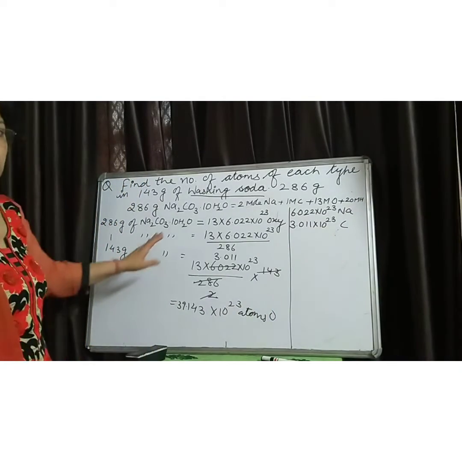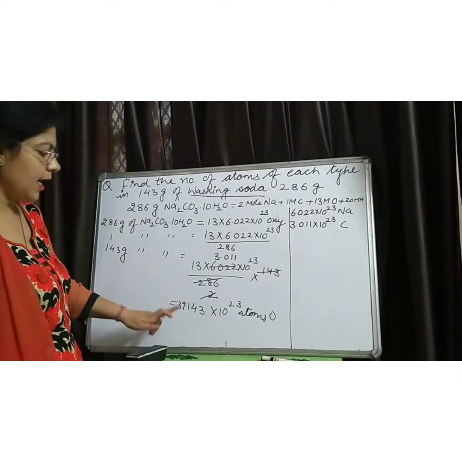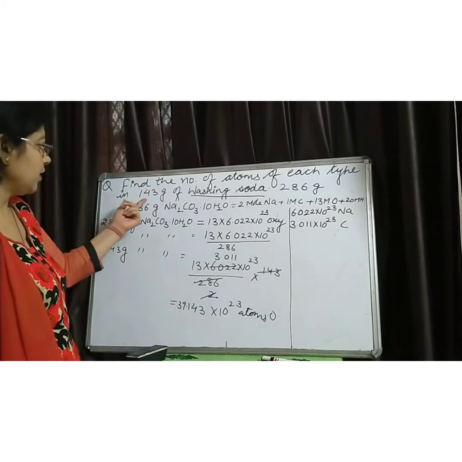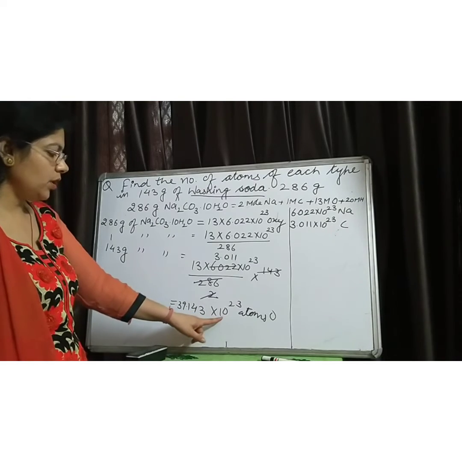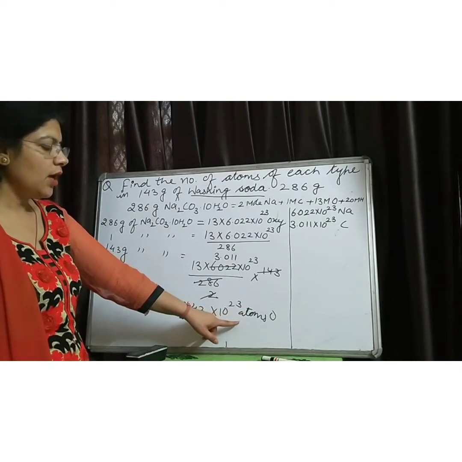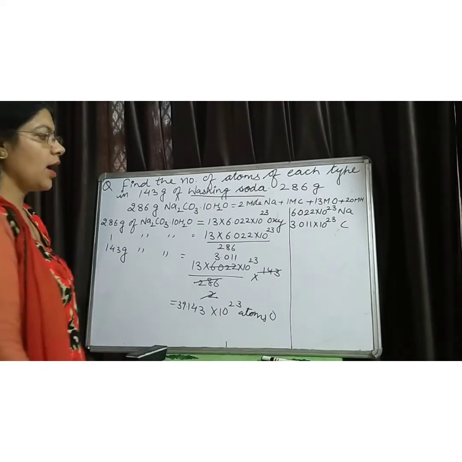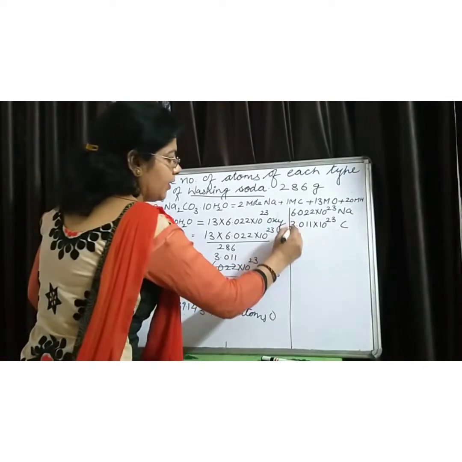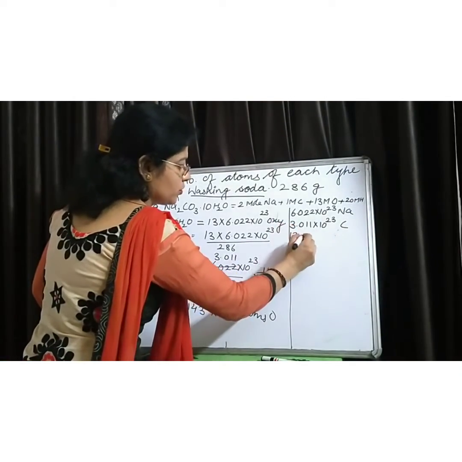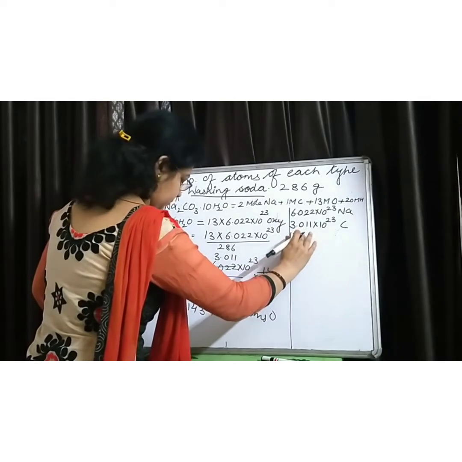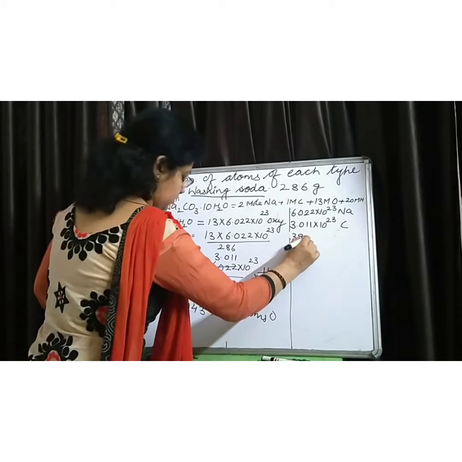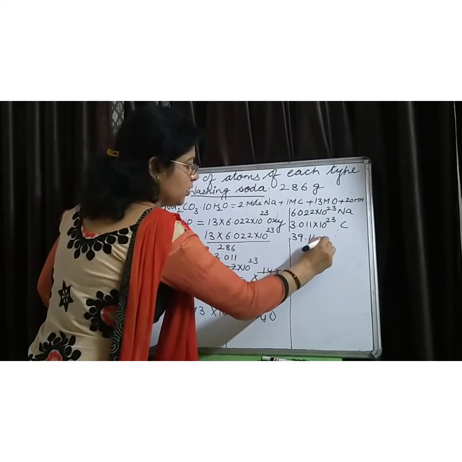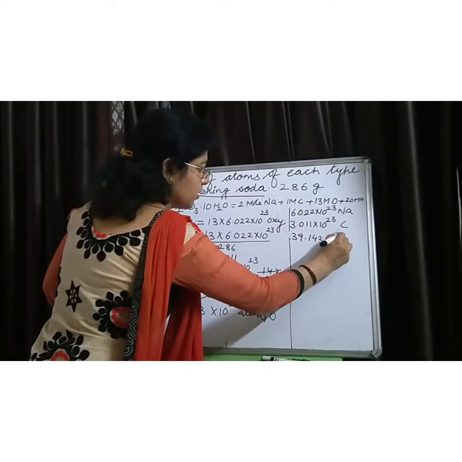So in 143 gram of washing soda there are 39.143 into 10 raised to power 23 atoms of oxygen present.